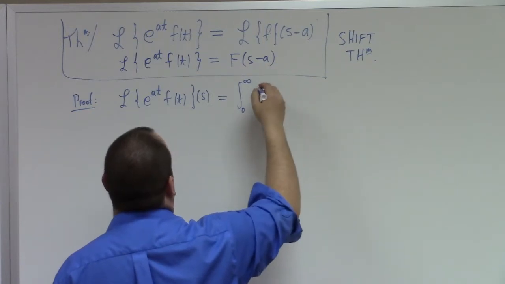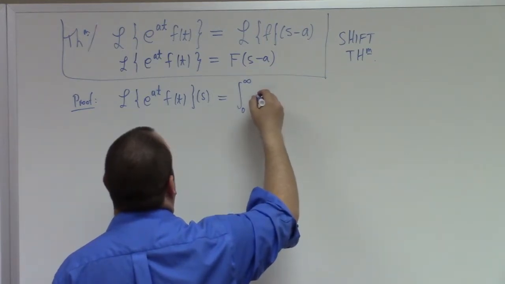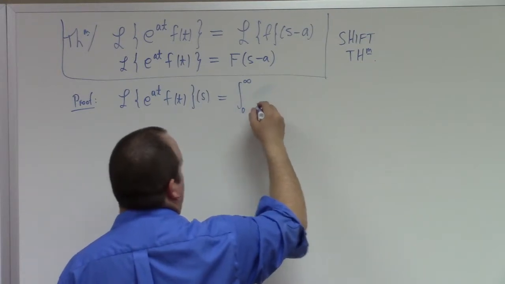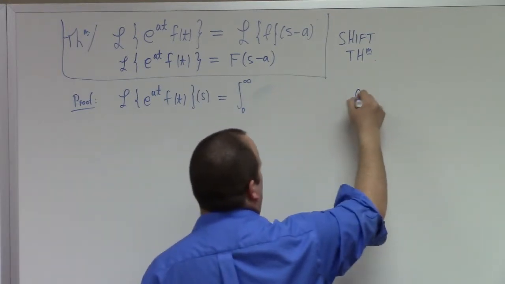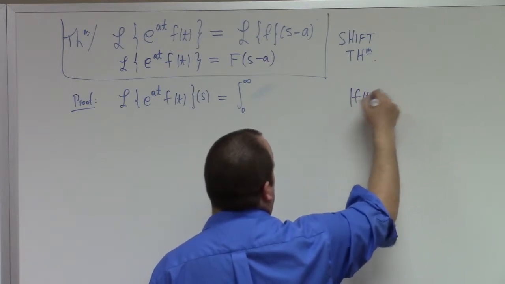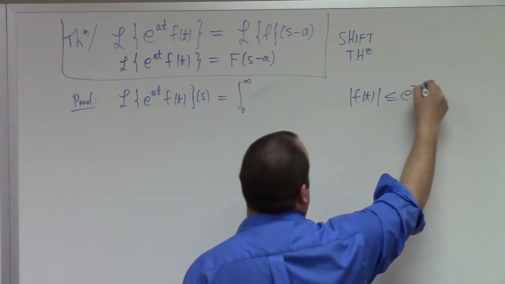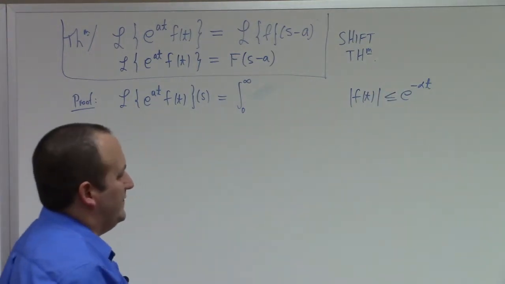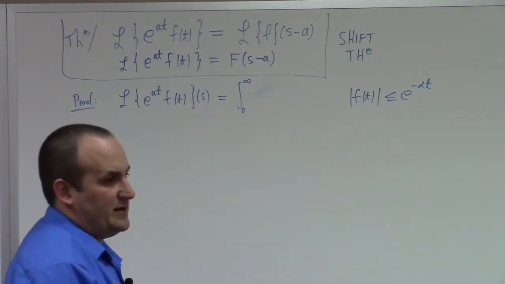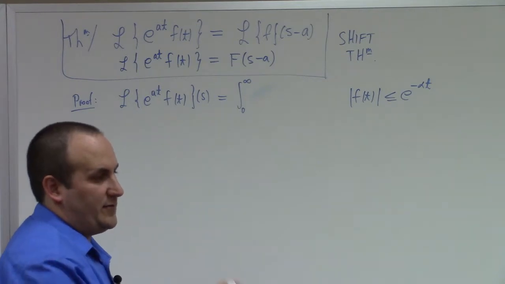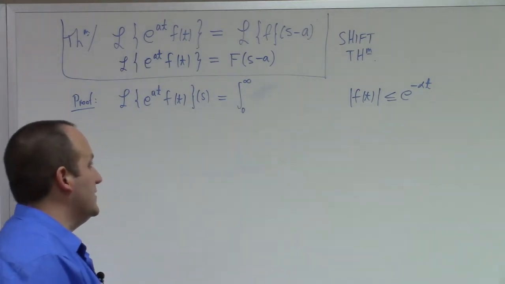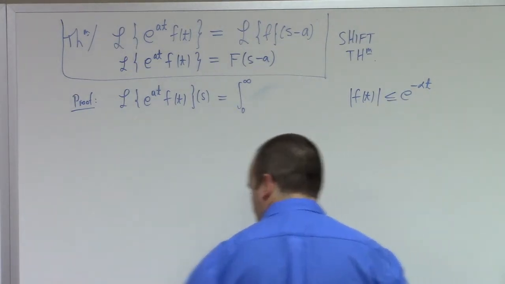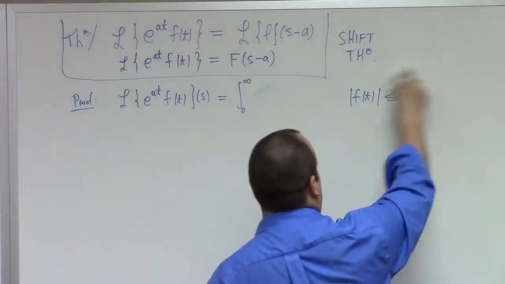If you can bound the function by an exponential function of some particular degree, it's said to have exponential order alpha. If the absolute value of f of t is less than or equal to e to the alpha t for all t bigger than something, then the function is said to have exponential order alpha. In that case, it can be proved that the Laplace transform exists. If you look in the book, you'll see some discussion of this, but I'm trying to keep it short, so I won't say anything more about that.